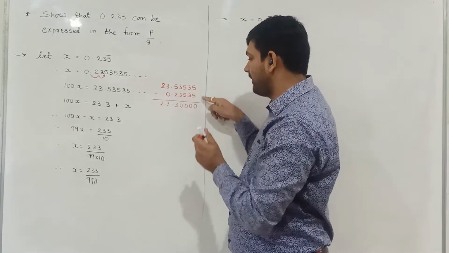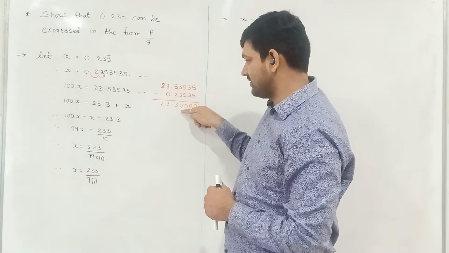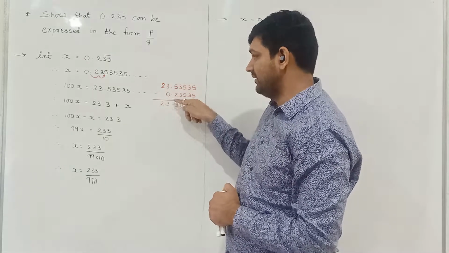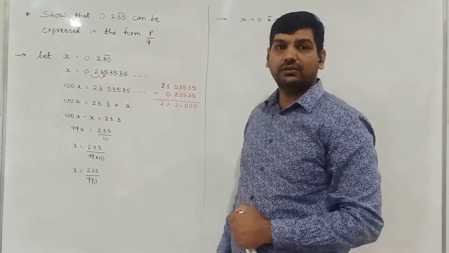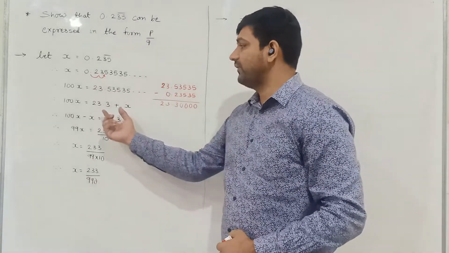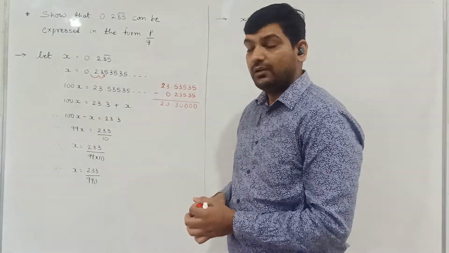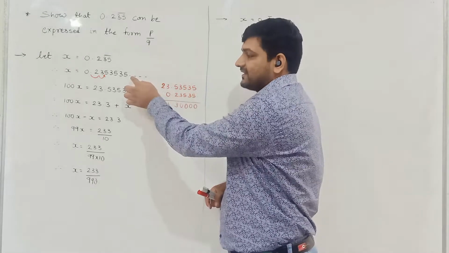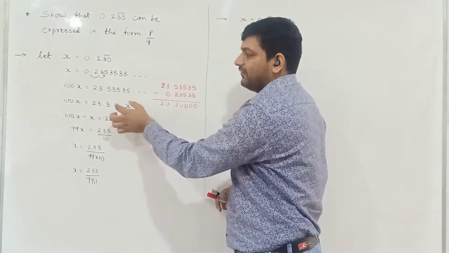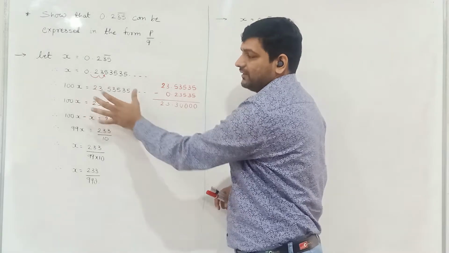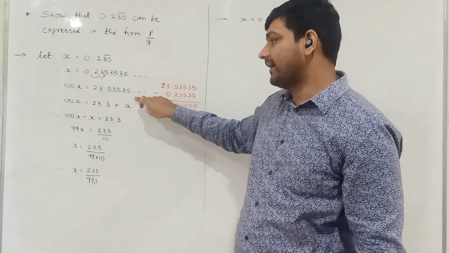Then we get the value 35. 5 minus 5, 3 minus 3, 5 minus 5, 3 minus 3, 5 minus 0, 5, and 3 minus 0, 3. So whatever we get here, 35, and what we subtract, x, that we add. So 35 plus x gives 35.3535 dash.